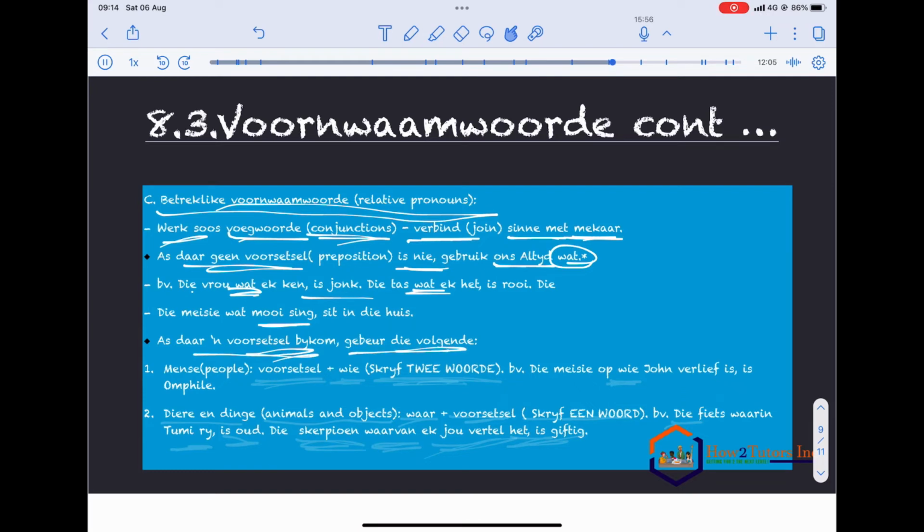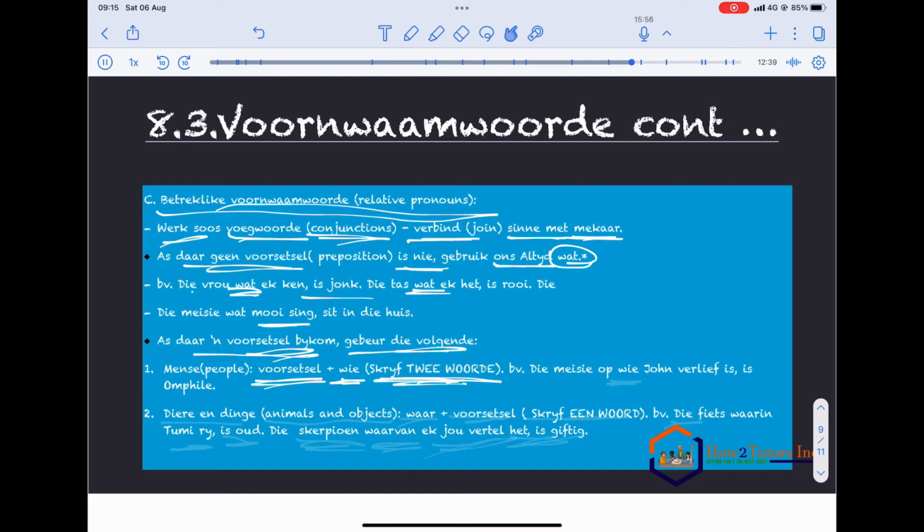Remember, we're referring to voorsetsel because now our betreklike voornaamwoord, our relative pronoun, takes the place of the preposition. Vir mense word dit voorsetsel plus wie, en jy skryf dit as twee woorde. So it's a preposition plus wie, which is who, and you write it as two words.